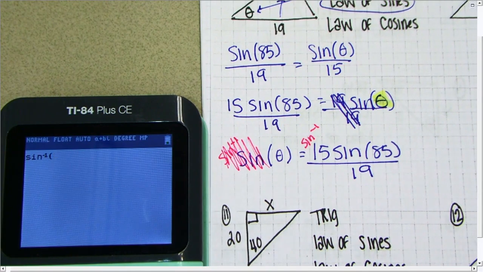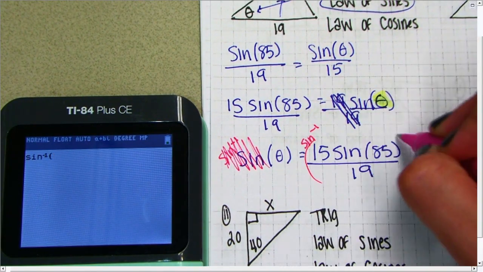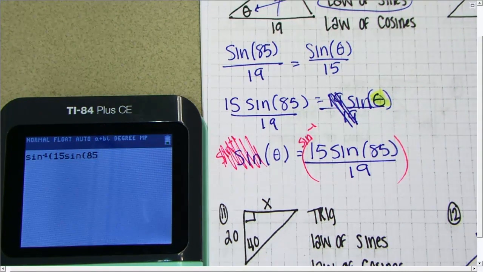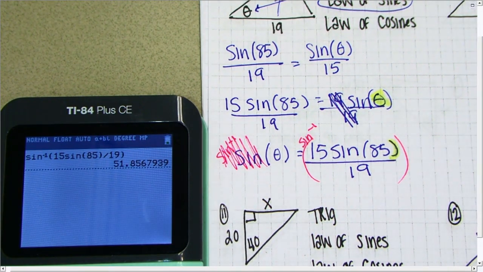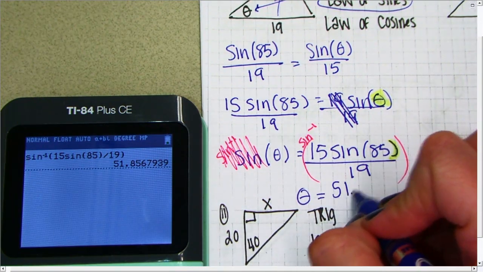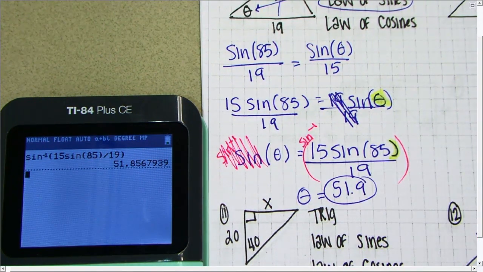And then all of this is in the parentheses. 15 sine of 85, making sure that you close that parenthesis, divided by 19, gives me an answer of 51.56, which when rounded to the nearest tenth gives me an answer of 51.9 for theta.